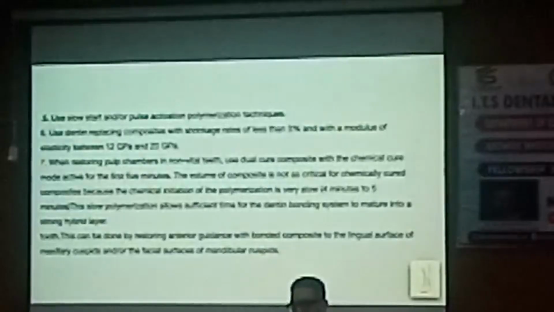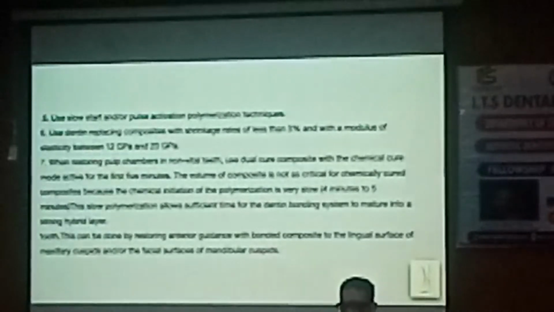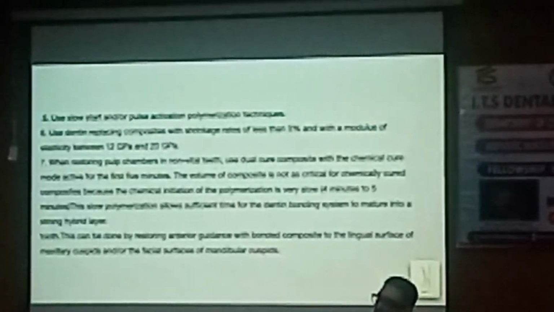You all know the terminology called C factor, correct? So configuration factor is the factor of bonded to non-bonded surface. Now in your pulp chamber, do you have enamel? No. But what do we do? We take composite, we etch the pulp chamber, we fill the chamber with composite, and we light cure. Correct?